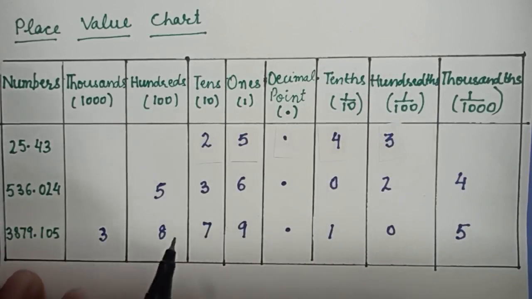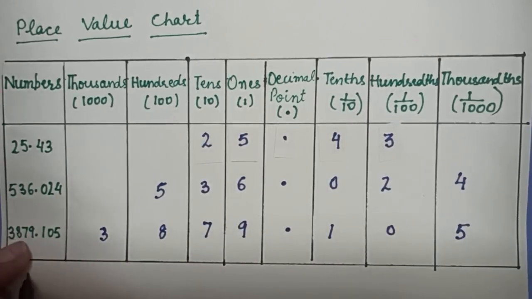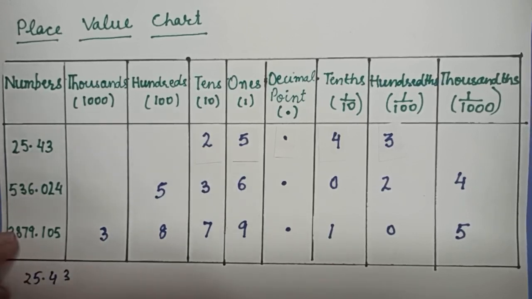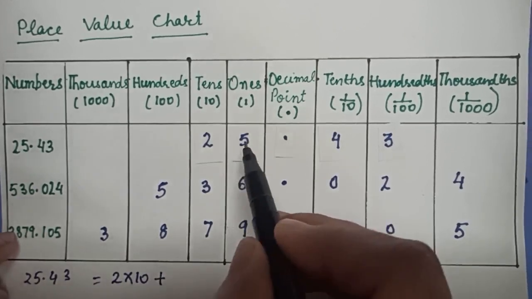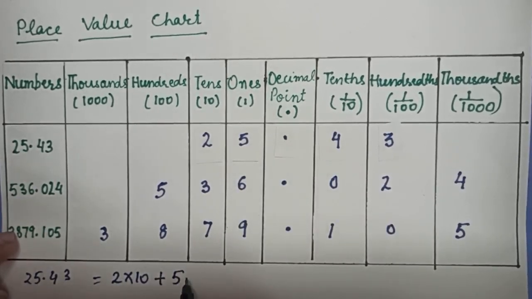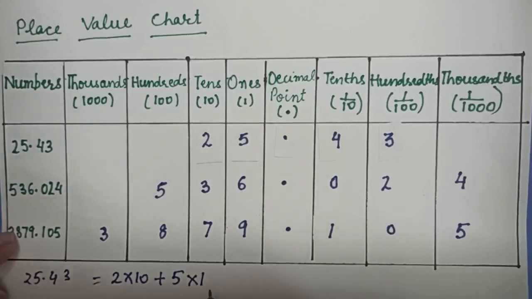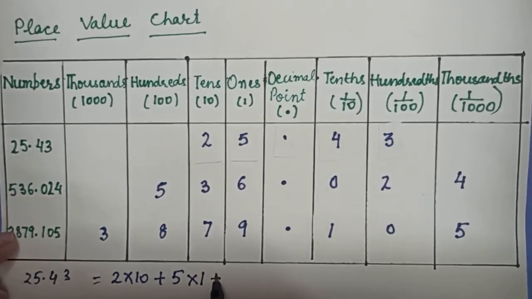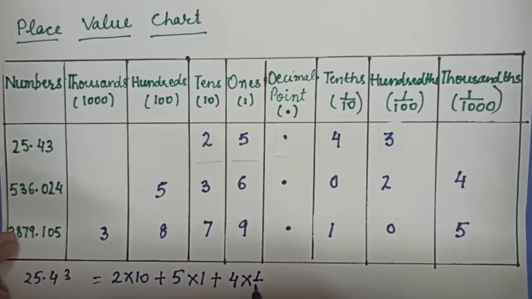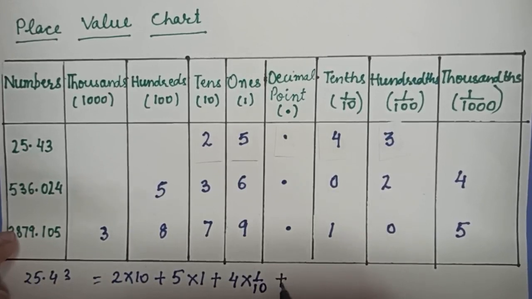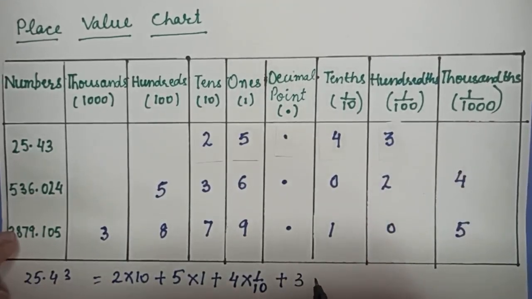Now if I have to write 25.43 in expanded form, how will I write? 2 will be multiplied with 10, plus 5 multiplied with its place value, 5 into 1, then plus 4 into 1 on 10 because its place value is 1 on 10, plus 3 multiplied with its place value, that is 1 on 100.